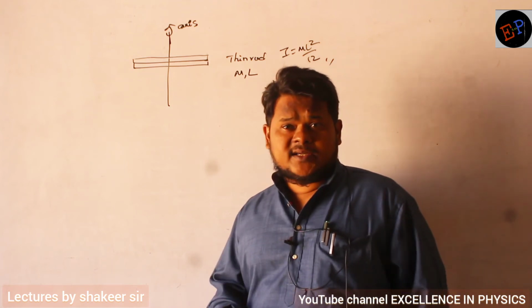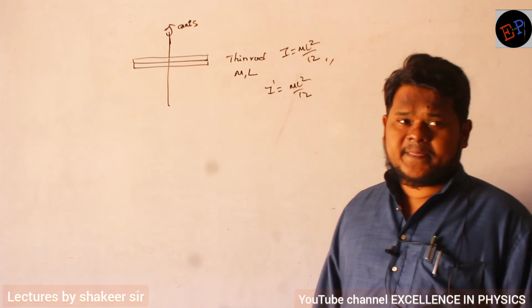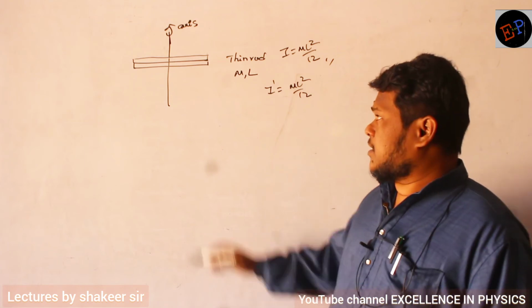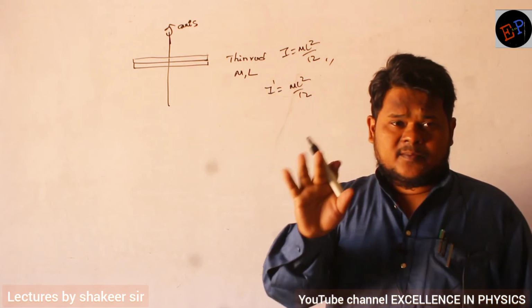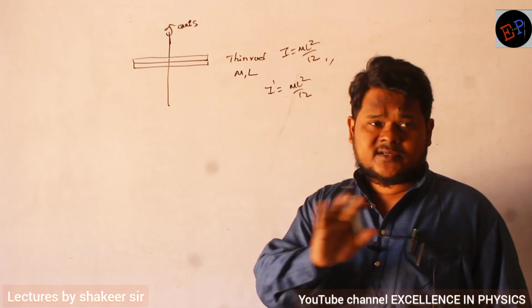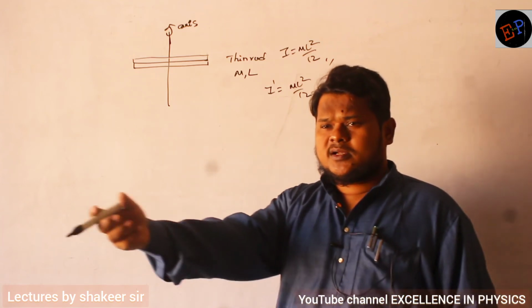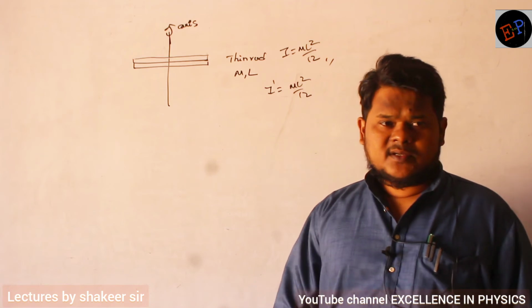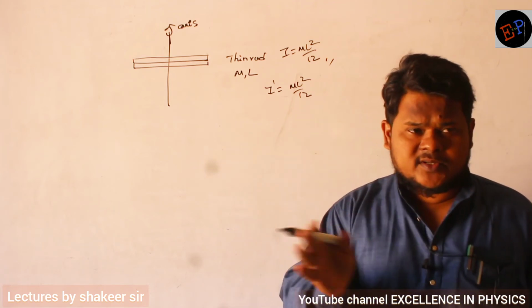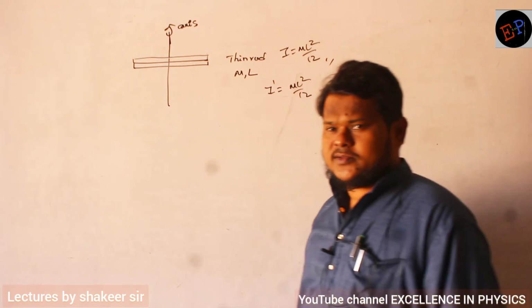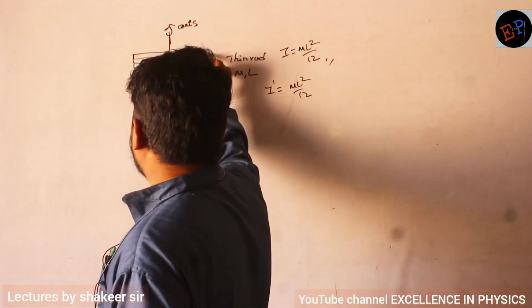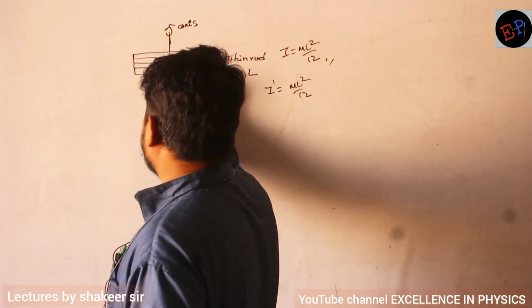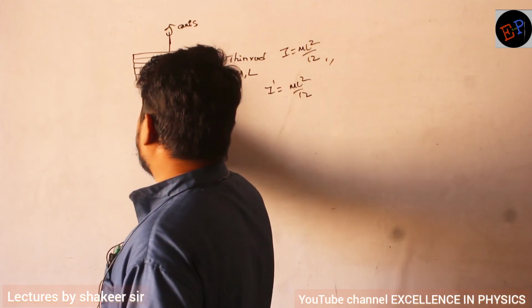Why is the moment of inertia equation not changing? Because distribution of mass is not changing. Is there any variation in the mass distribution? Mass is distributed along the same axis. So the moment of inertia equation also does not change. Understood? Now on this rod I place one more rod, and below this rod I place one more rod, and again some more rods.